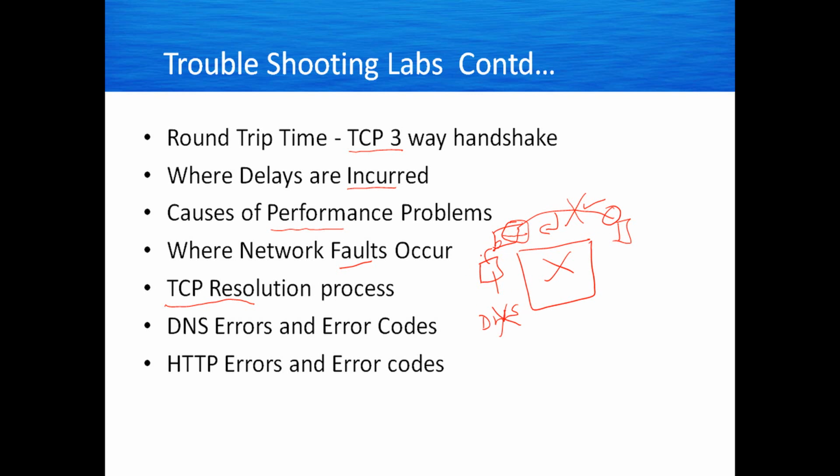So if you want to understand where the problem really occurs, you need to understand the TCP resolution process. DNS errors and error codes, HTTP errors, all these errors pertaining to any protocol we can find out, and we have to have a powerful filtering system for that. How to filter the data? What are all the various parameters? Parameters in the sense, let me take you to Wireshark.